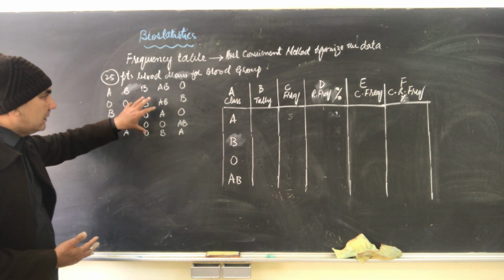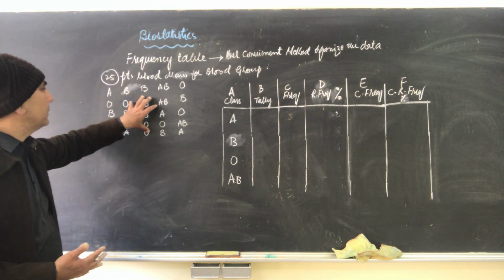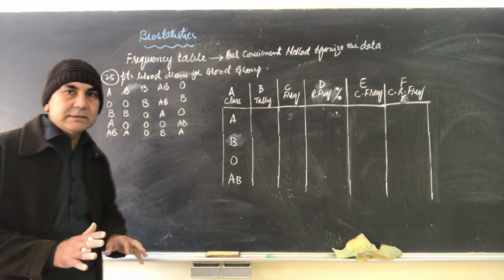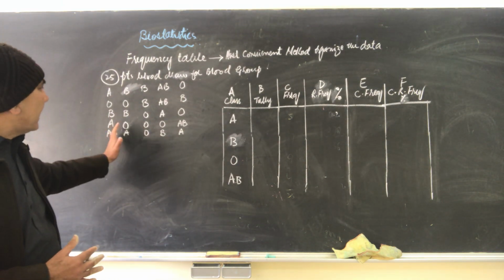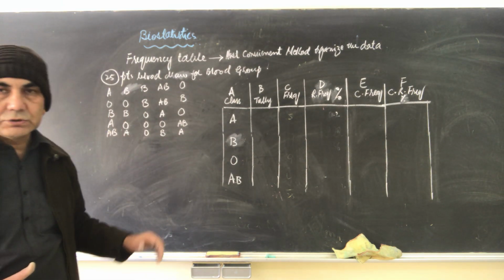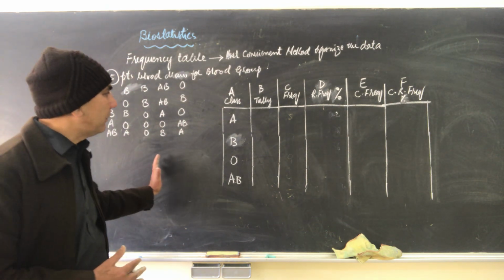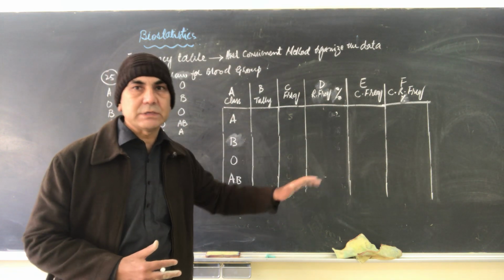So the data in front of us is the blood group data of the 25 patients. Now this data is not in an organized and arranged way. So to arrange the data and give it a meaningful result, we will use the organizing method of the frequency table.